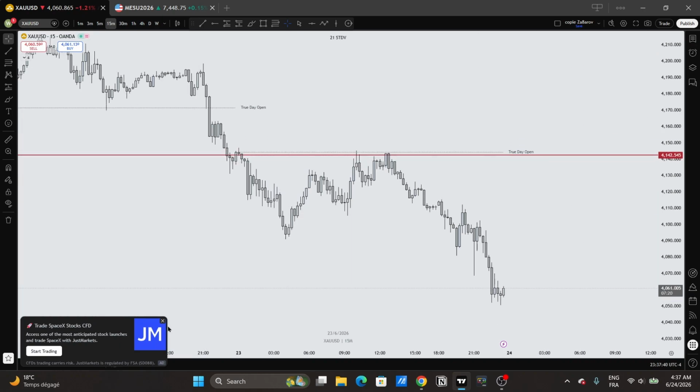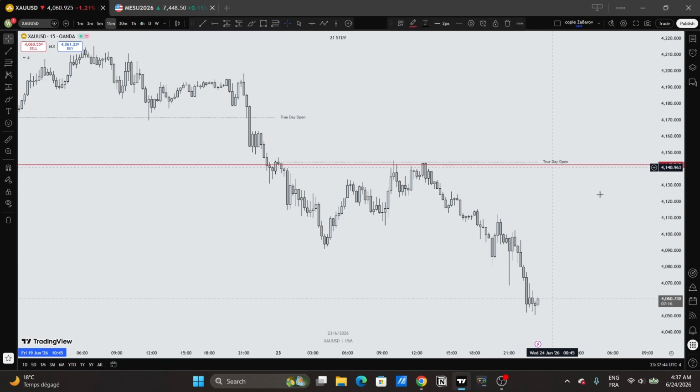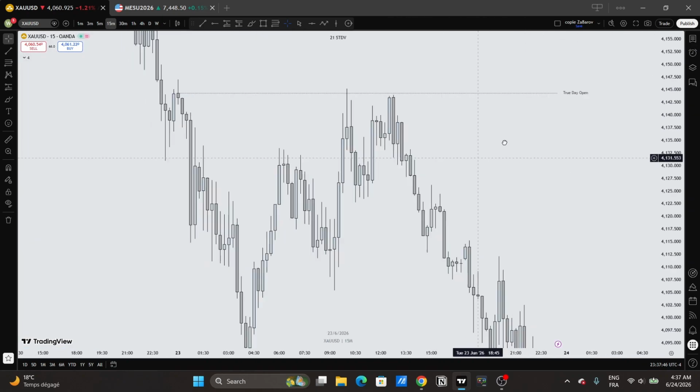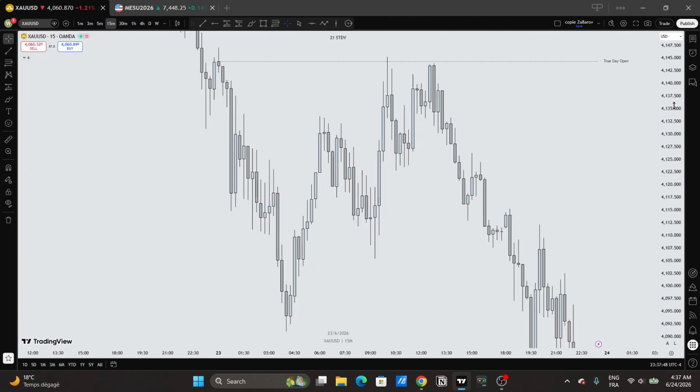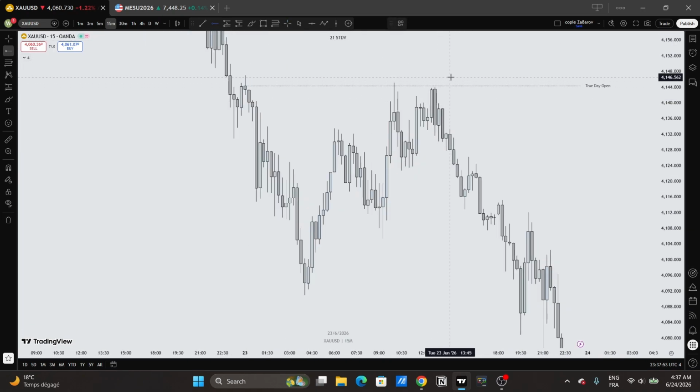Now let's jump to the chart to see these examples in a real market example. So as we can see here, this is the gold chart. I will mark out some lines, and you can tell me which ones are the buy side liquidity and which ones are the sell side liquidity. So I'm marking 3 highs for the buy side.